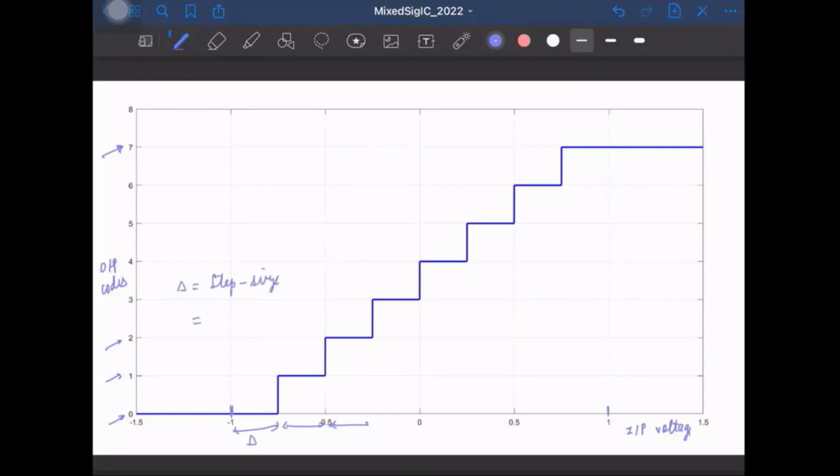And in this example, what is delta? Well, we'll have to divide this range from -1 volt to +1 volt into a total of 8 equal steps. So the step size is 2 by 8, that is 0.25 volt. Please note that here, the step size for each of the codes is the same and is equal to delta.